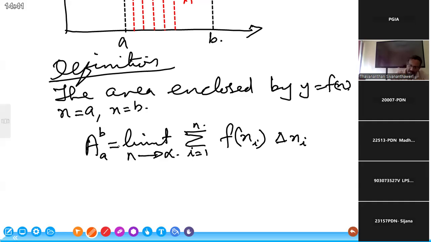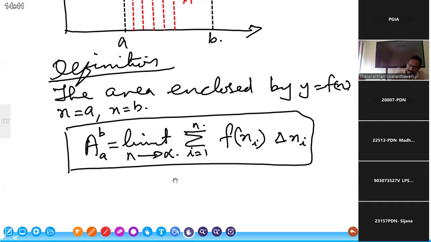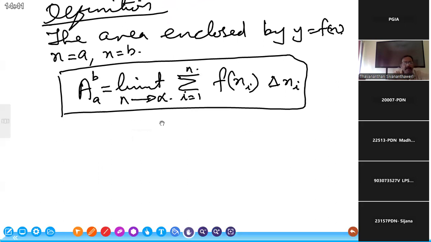This is how we can write the area of a given function between two x values, a and b, as a limit when n reaches infinity.